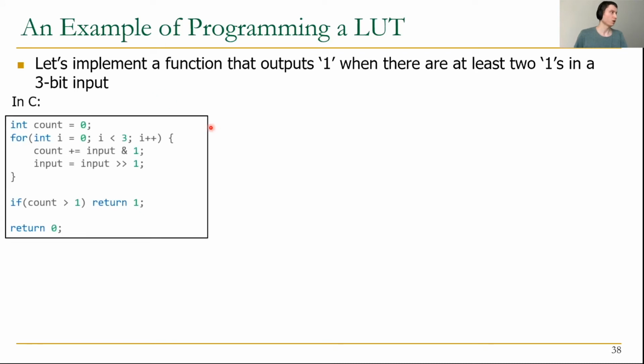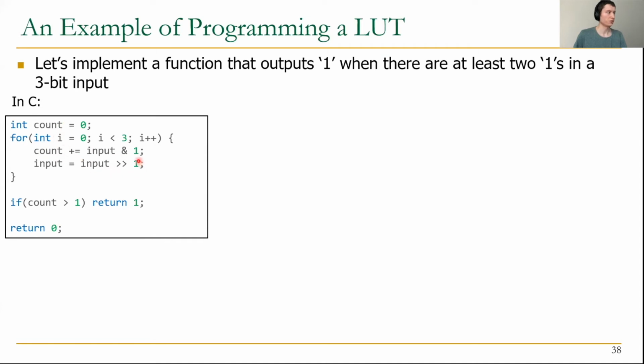Okay, so how would you do that in C? I will show 2 examples. One example is going over the 3 bits one by one. The input is the 3-bit input, and we AND it with 1 to only access the first bit, and add it to the count, which we initially initialize to 0.